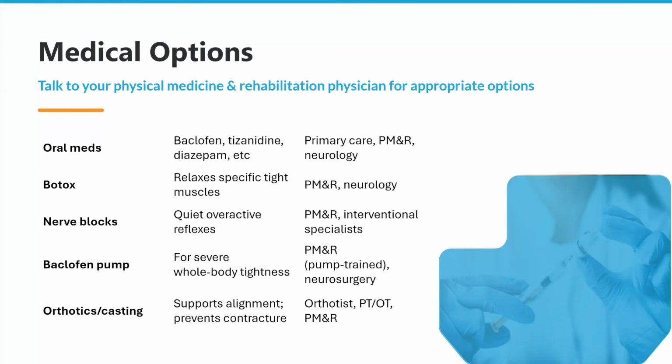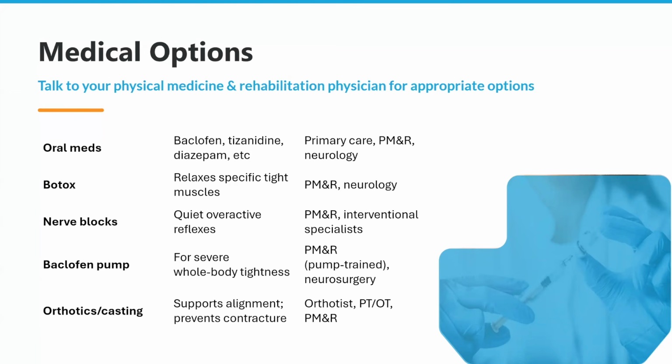So if you have spasticity either hemiplegically, all on one side, or throughout the whole body, you might be on something like an oral medication such as baclofen, or perhaps use a baclofen pump. And you might talk to your primary care doctor, your physical medicine and rehab doctor, or your neurologist to address this.